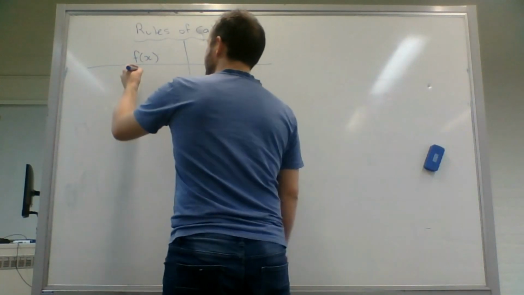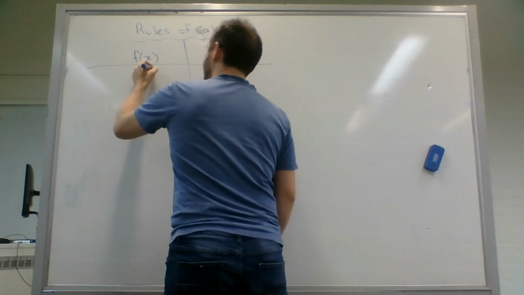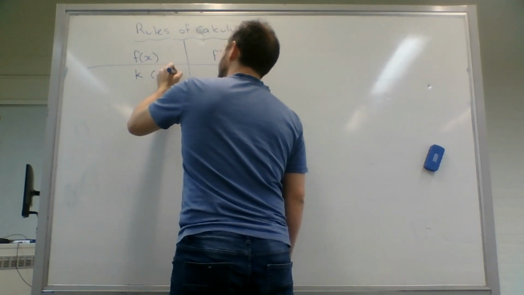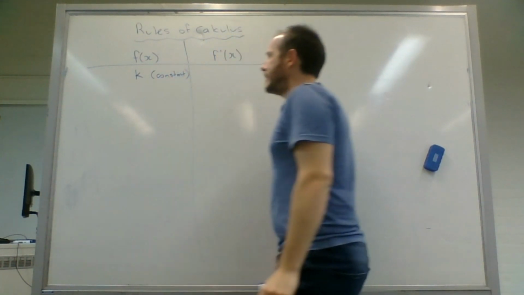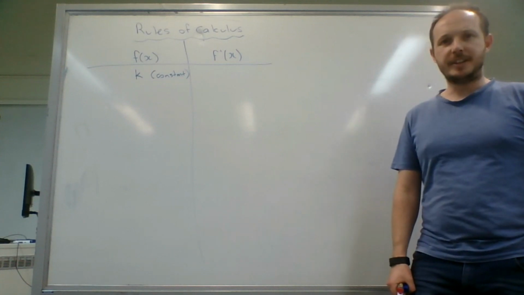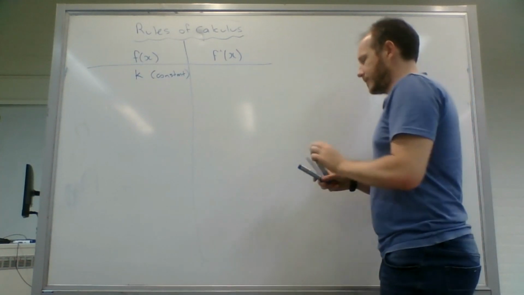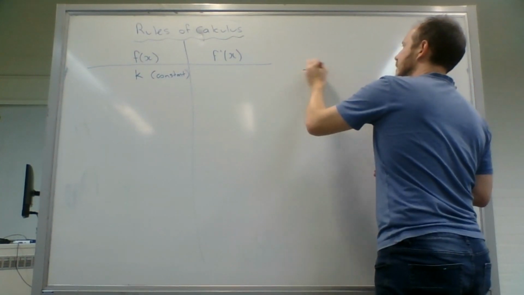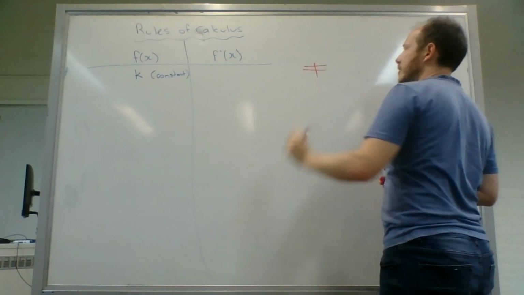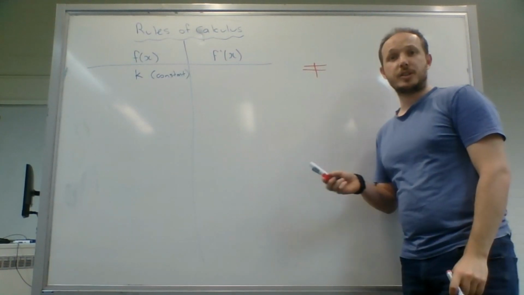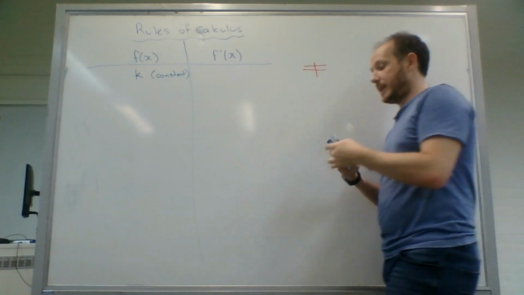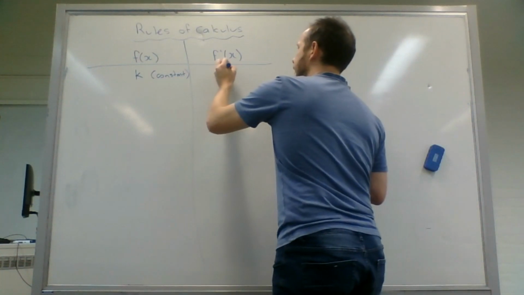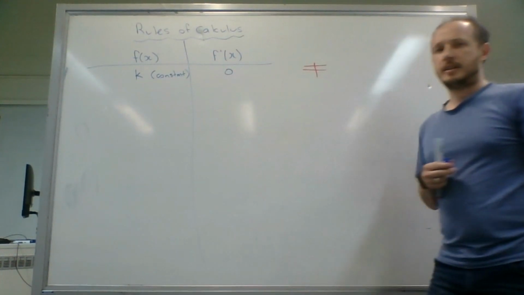So for example, let's have a constant. Let's call it k. Alright. Now we know that if we look at the graph of a constant, okay, it's just a straight horizontal line. So the slope of this function would be 0. Slope all along here is 0.